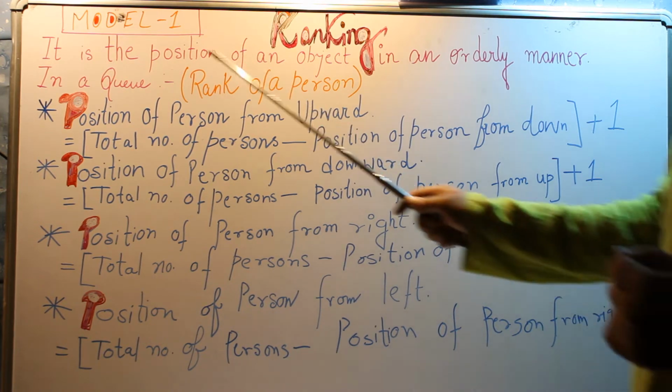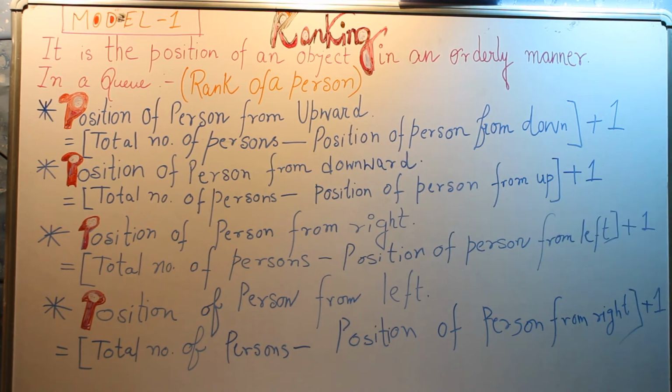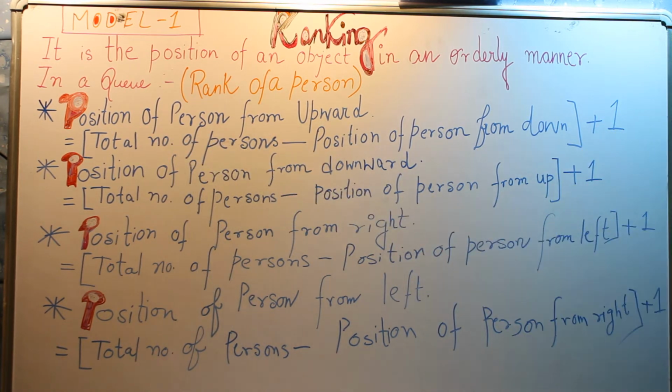In a queue, position of person from upward is equal to total number of persons minus position of person from down plus 1.